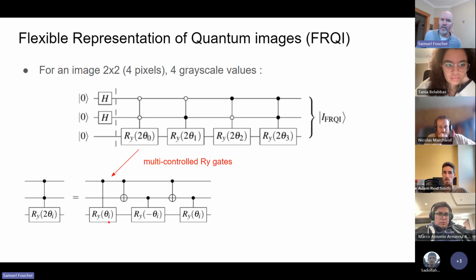So I think it's what you explained before, Tanya. Yeah. So it's a combination of 3. One of the observations of the paper was that it's an expensive gate because it looks simple here, but in fact you have to explode it in 1, 2, 3, 4, 5 gates. So it's quite expensive. And here we just have 2 qubits for the position.